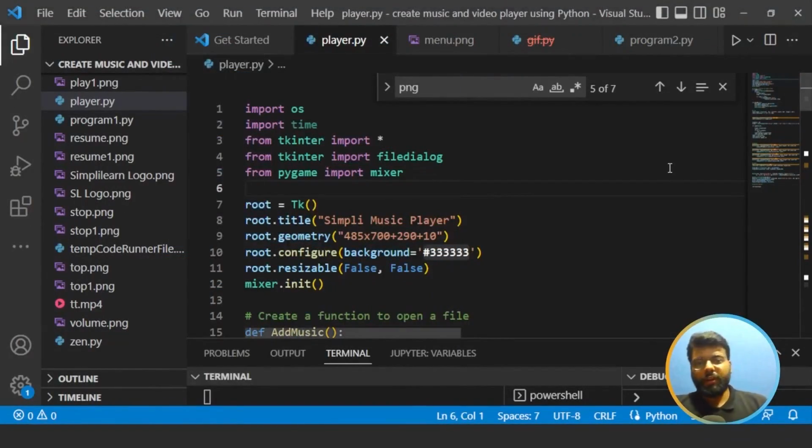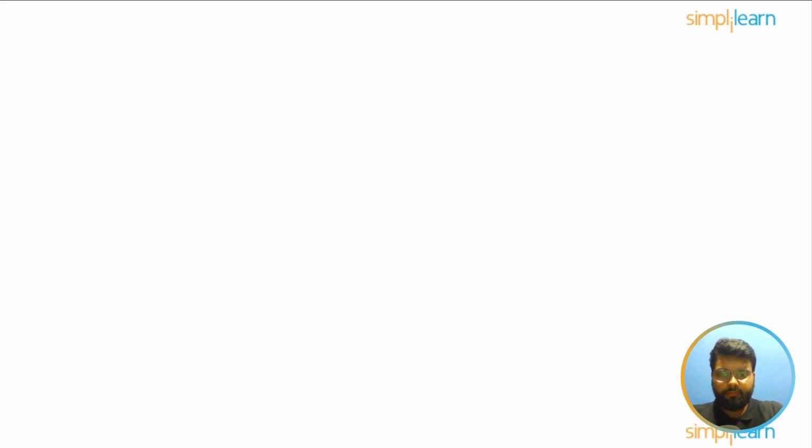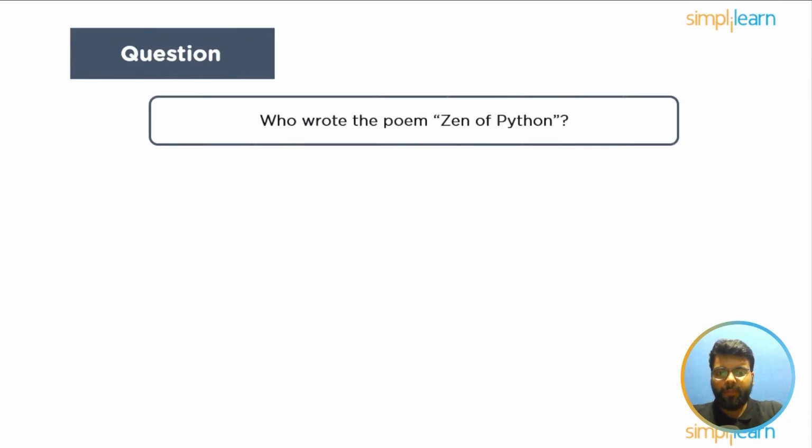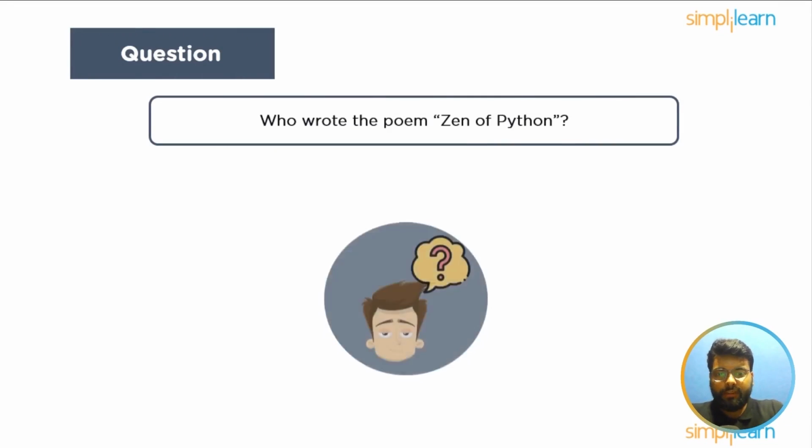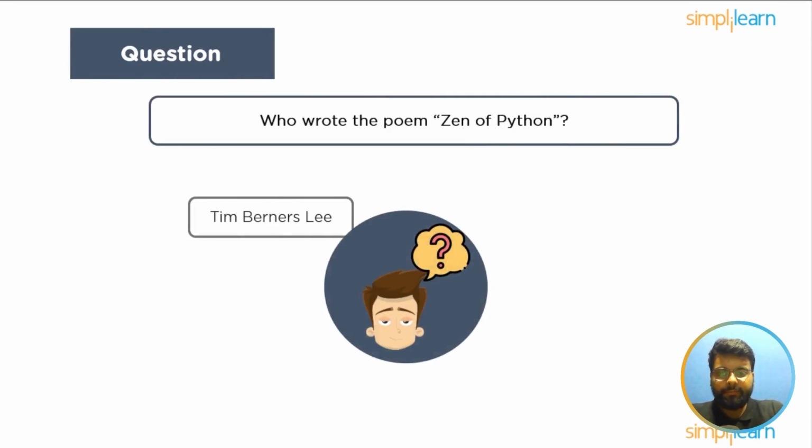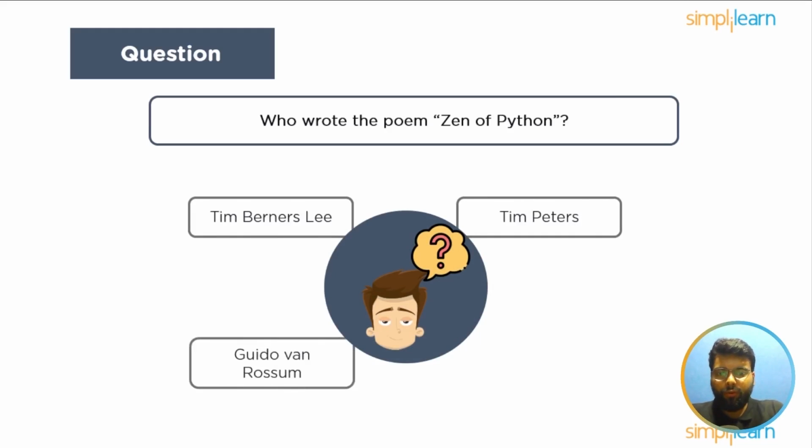So before starting the coding, I have a simple question for you guys. The question is, who wrote the poem Zen of Python? And your options are Tim Berners-Lee, Tim Peters, Guido van Rossum, or Kevin Goldsmith.